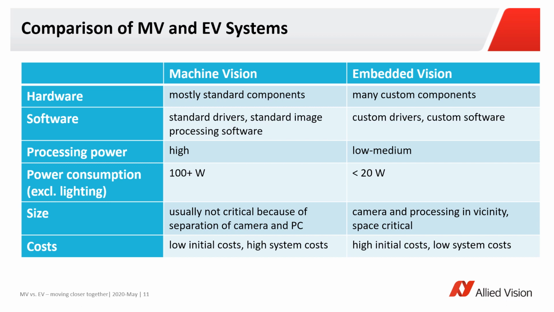That means a high effort at the start, but because it's very optimized later on, the recurring system costs are rather low, because that's really what it's optimized for, to have low recurring costs, low BOM costs, but then the initial costs are there.